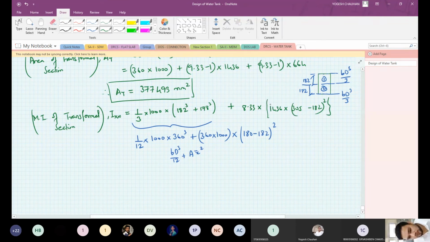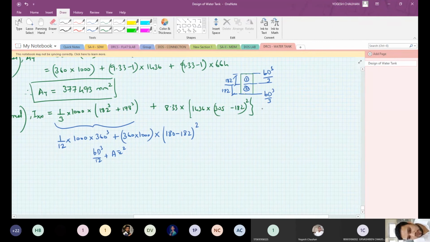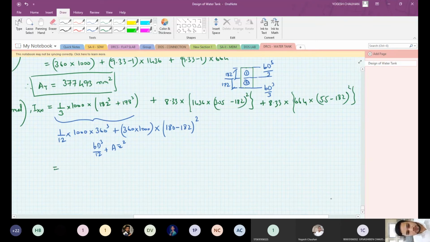Okay. Let us add 1.33 into 664 into the distance of this, 55 minus 182 whole square. So you will get moment of inertia as 4.16 into 10 to the power 9 mm raised to 4.